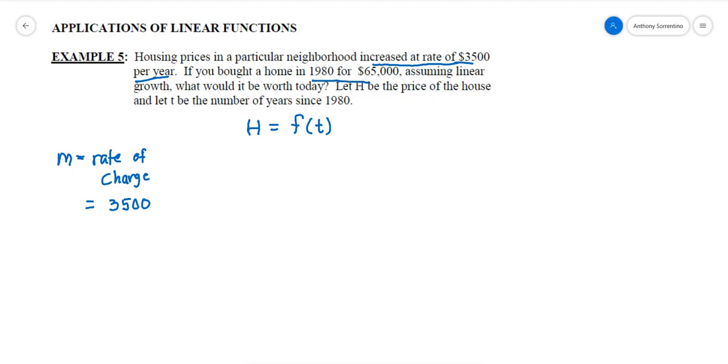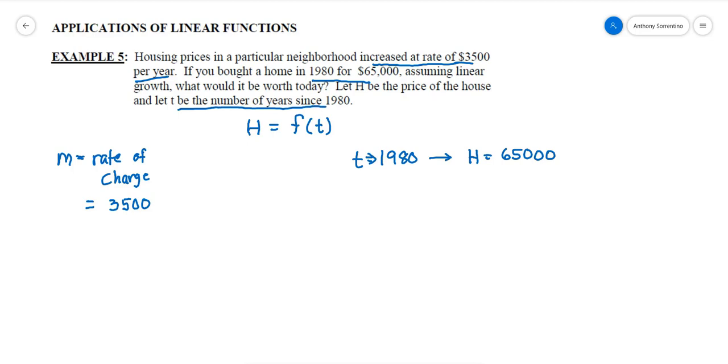In 1980, well, I'm not going to say t equals that. In 1980, H equaled $65,000. It wants you to let T be the number of years since 1980.